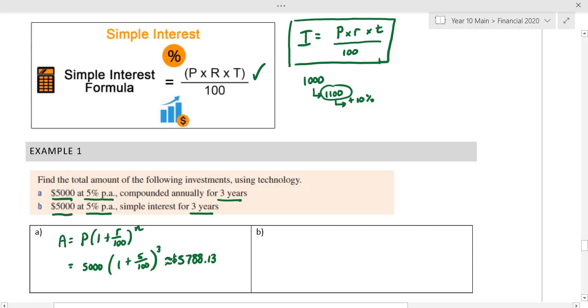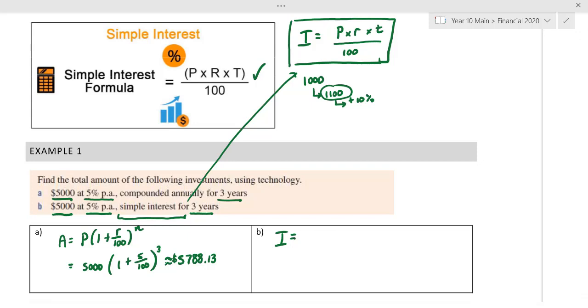Now let's have a look over here. When you say simple interest, we're going to have to use this formula up here. When you work it, you're going to notice that we get a value much less than this, because we're just working out how much interest we've earned.